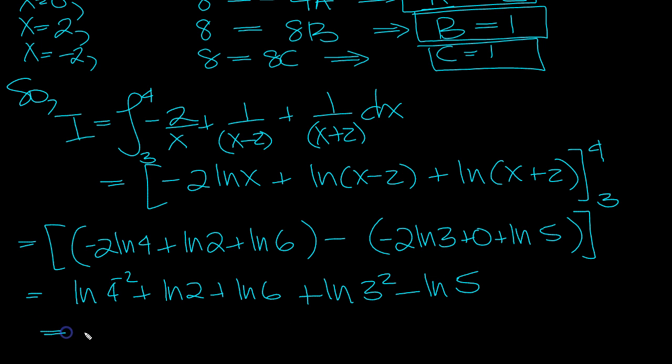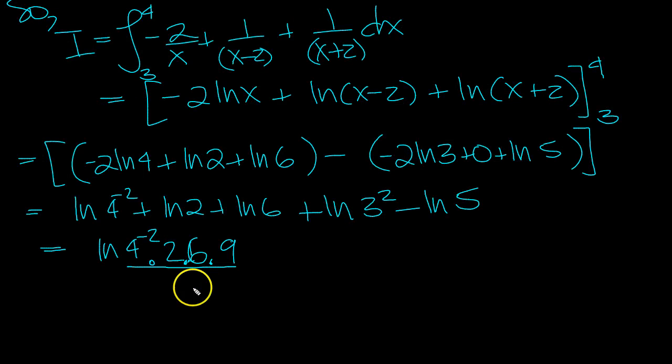So what have we got? We've got plus being times and minus being divides. So we've got ln 4 to the minus 2 times 2, because plus in logs is times, times 6 times 3 squared, which is 9, and minus is divides, so that would be all over 5, wouldn't it?